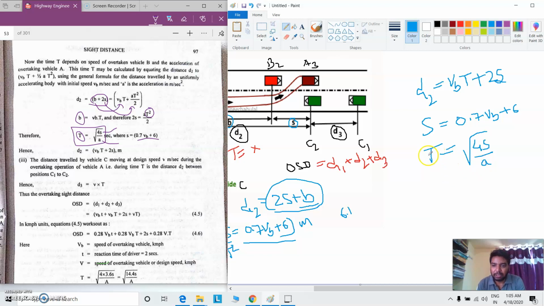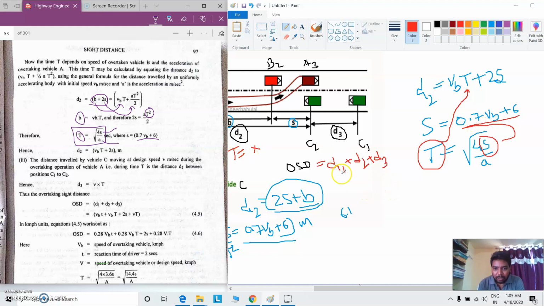Once you calculate this t, then you can substitute here, and vb we already know that, and for s, this s is substituted by calculating this 0.7 vb plus 6.